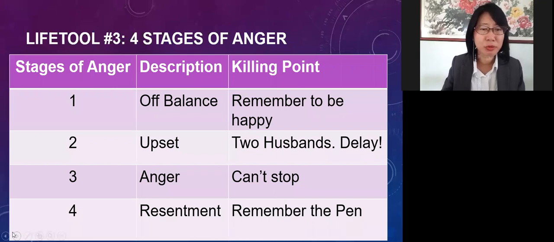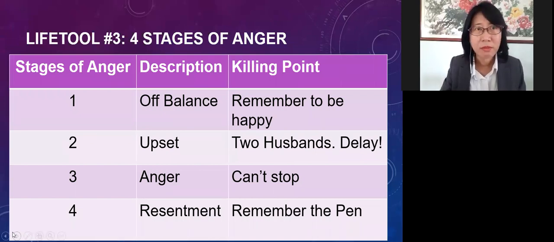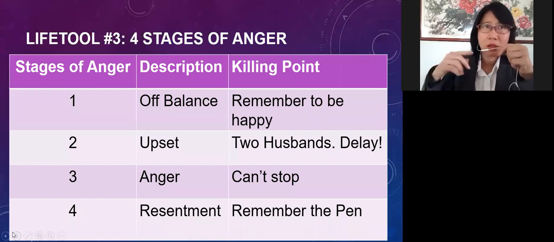So this is good news. For those of you who don't mark yourself 100% happy, that means we have some kind of unhappiness in us. And if we are able to identify it, then we can apply the killing point and bring back our happiness. But most of the time, even including myself, we are not aware of it.